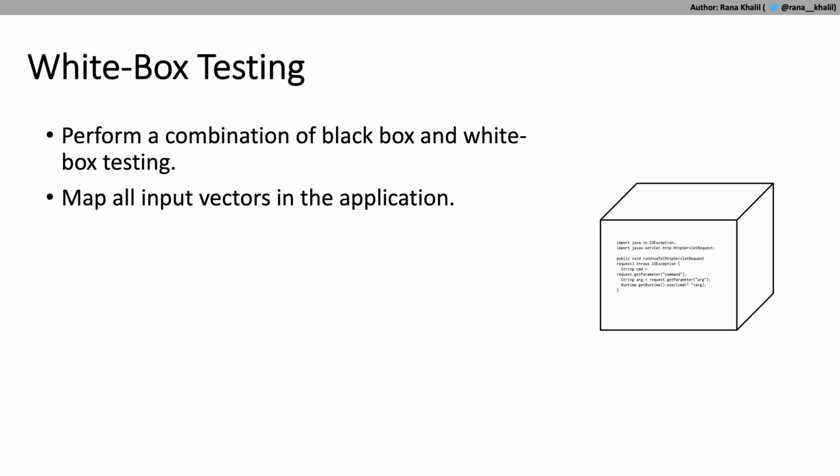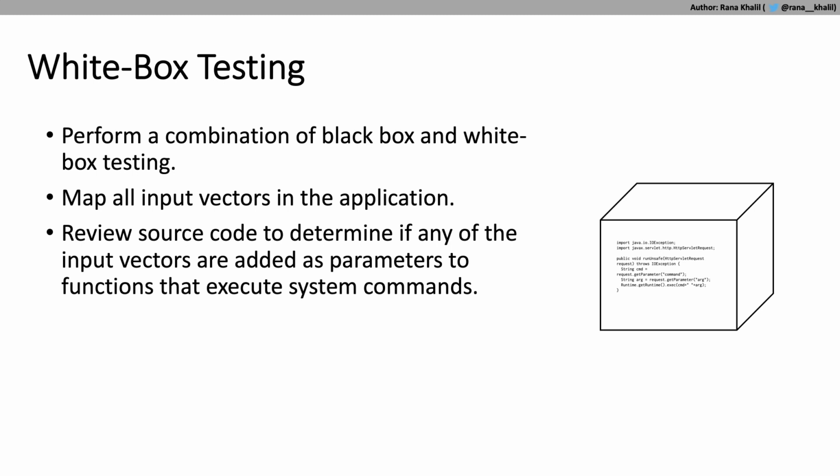After I've mapped out all the input vectors, I review the source code to determine if any of the input vectors are added as parameters to functions that execute system commands. Instead of having to guess if these parameters are added to functions that execute system commands, all I have to do is review the source code. And if I see any functions that perform system commands, then definitely this should be tested for command injection.